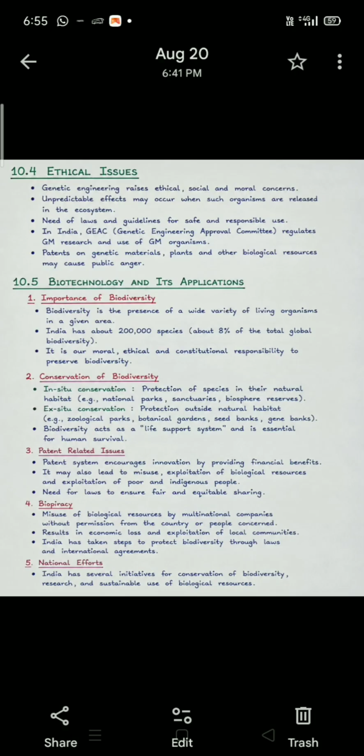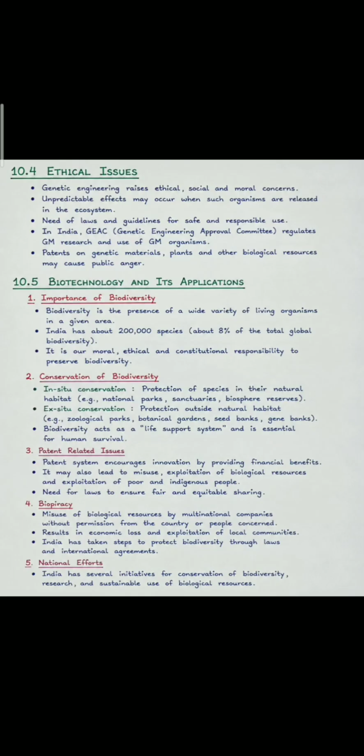There is a need for laws to ensure fair and equitable sharing. Next one is biopiracy. Misuse of biological resources by multinational companies without permission from the country or people concerned results in economic loss and exploitation of local communities. India has taken steps to protect biodiversity through laws and international agreements.